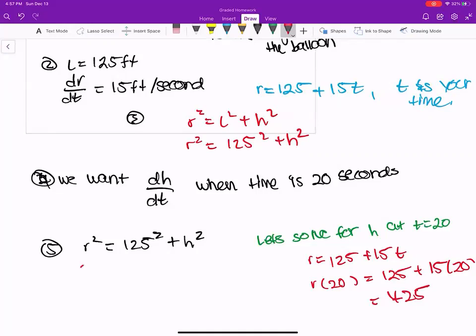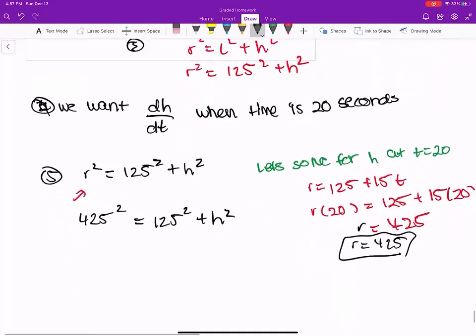So we're using this value when time is 20. You get 425 squared equals 125 squared plus h squared, then you solve for h.